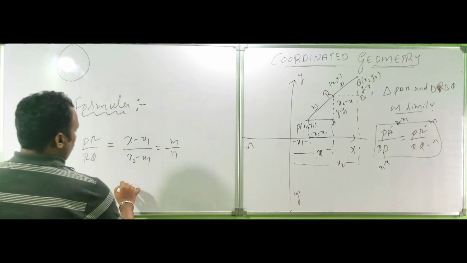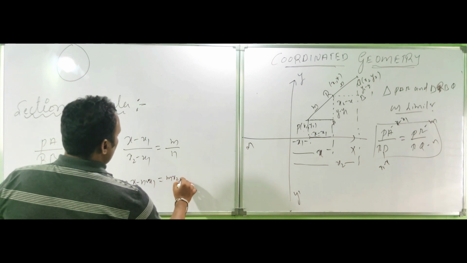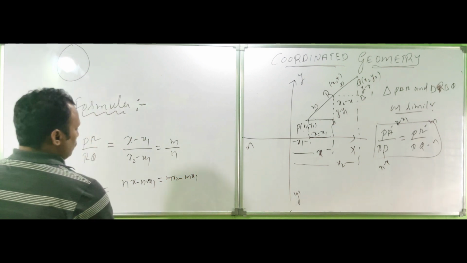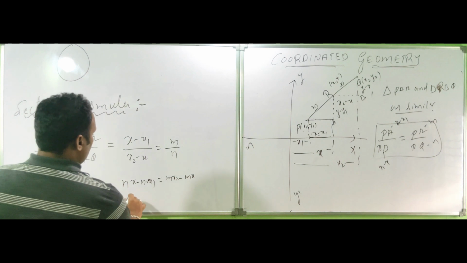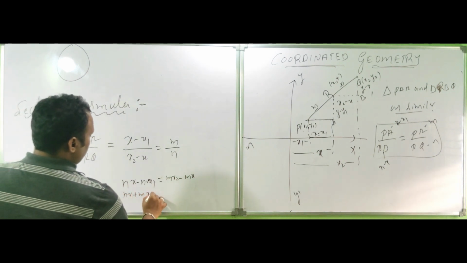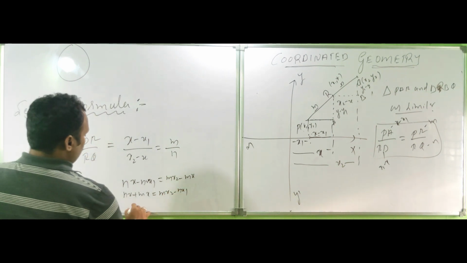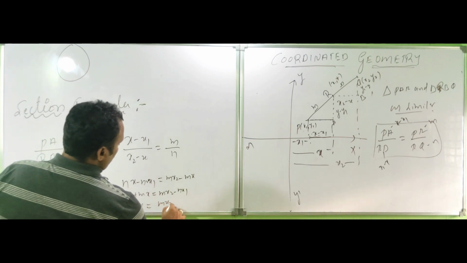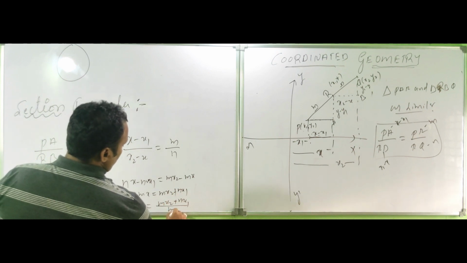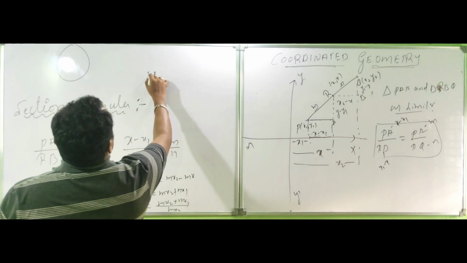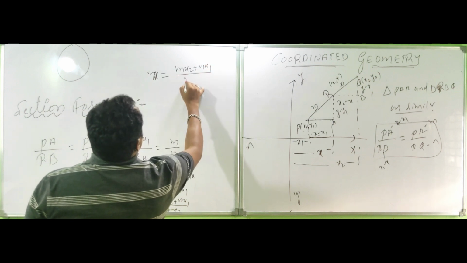Rearranging means nx minus nx1 is equal to mx2 minus mx. So nx plus mx is equal to mx2 plus nx1. So x becomes mx2 plus nx1 divided by m plus n. The final value is x is equal to mx2 plus nx1 divided by m plus n.